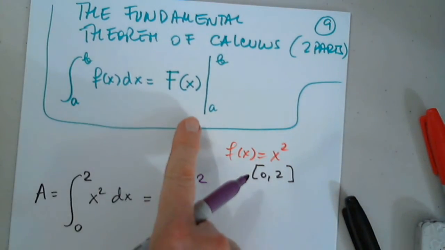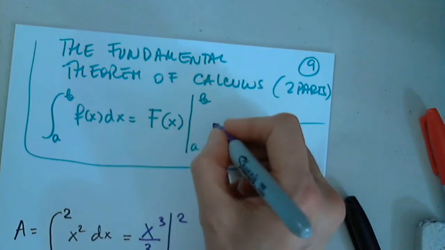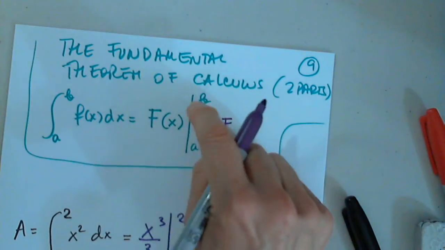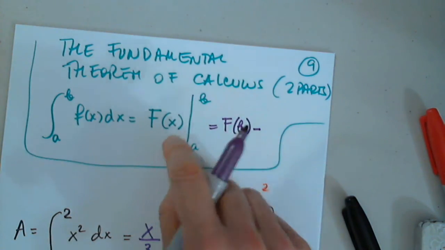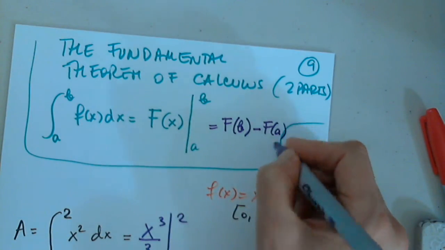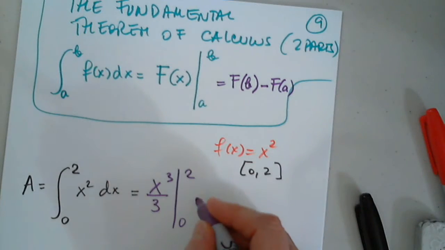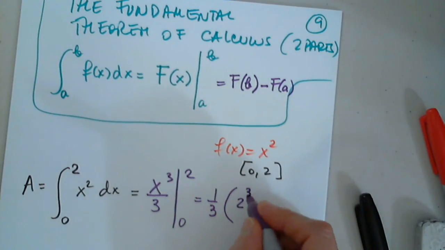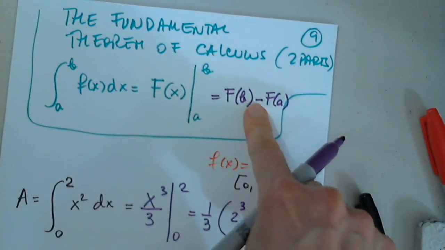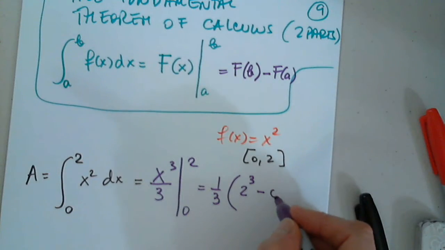Now I'm ready to explain what this means. It's the function evaluated at b minus the function evaluated at a. So then, I keep 1/3 in front, I plug in 2, and I subtract when I plug in 0.